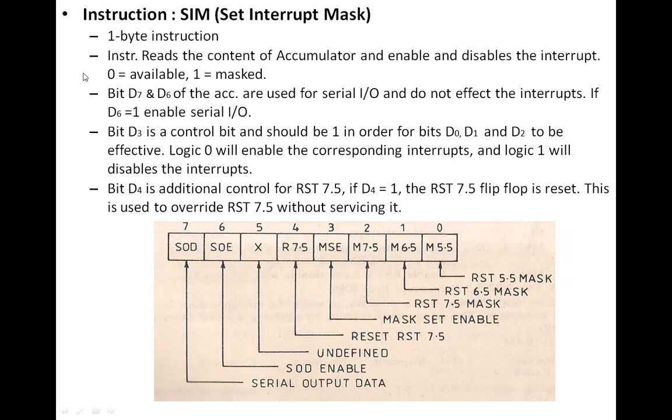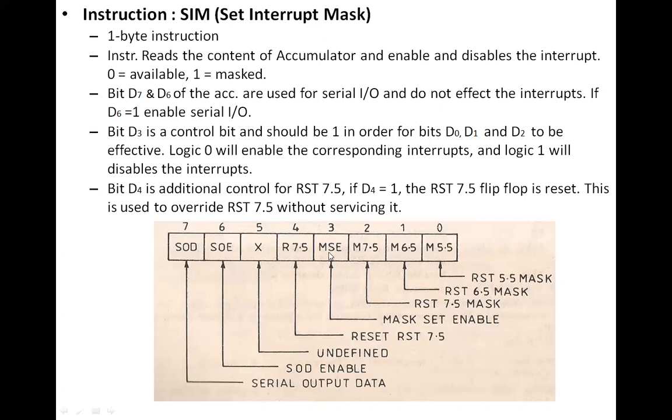Now, if it is logic 0, it is going to enable the corresponding interrupt. And if it is logic 1, it is going to disable it. It means if the MSE signal, that is mask set enable, that is the D3 bit, is 1 and the D0 bit is 0, it means RST 5.5 is available.